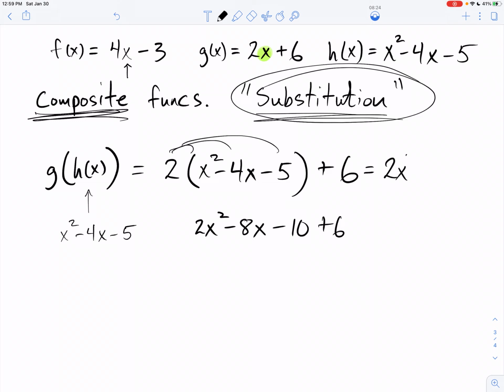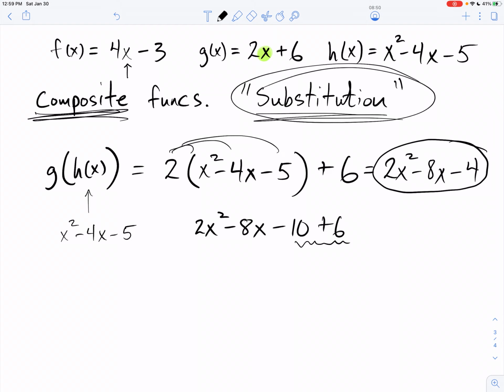That guy's big. He goes first. I go second. These two guys can get smushed together. And this dude right here would be called g of h of x. Let that sink in for a second. I just substituted. This is called composite functions.